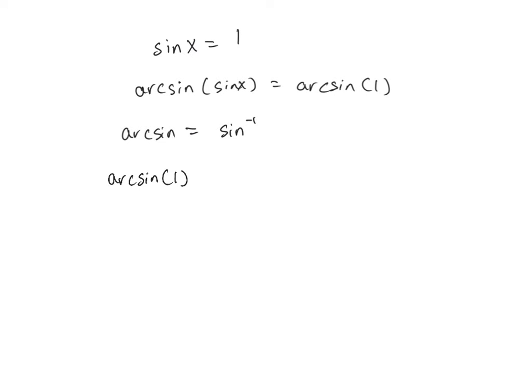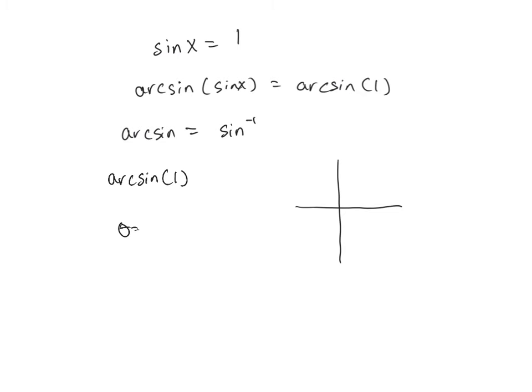Going back to our unit circle, let's think about what that means. The arcsine of 1, right? That means that our angle theta has to be in such a way that the sine has to equal 1. Our unit circle here, this is positive 1.